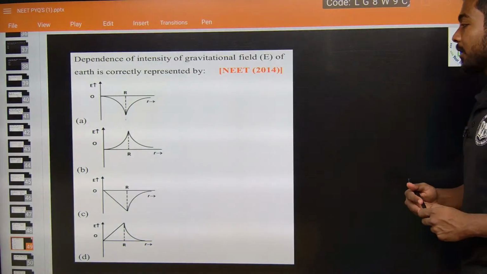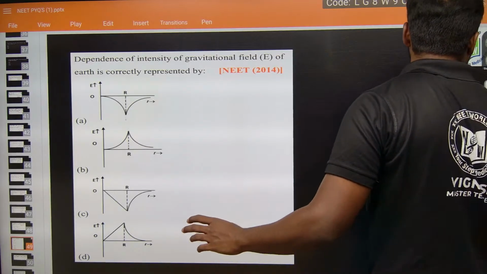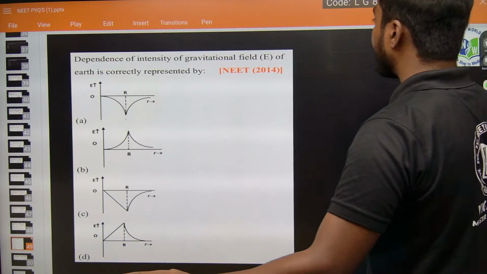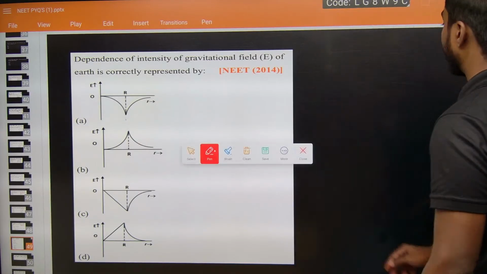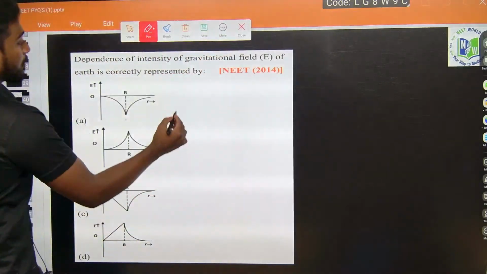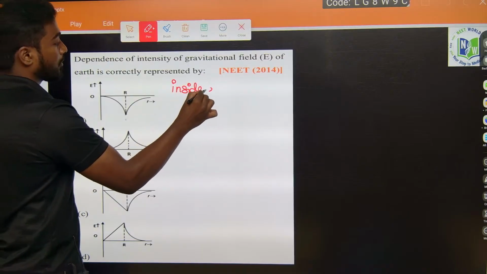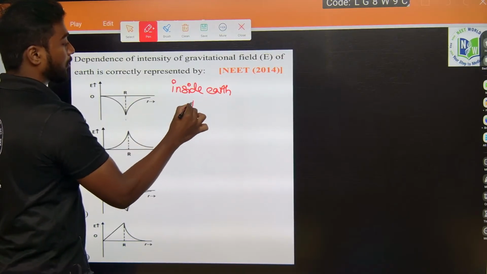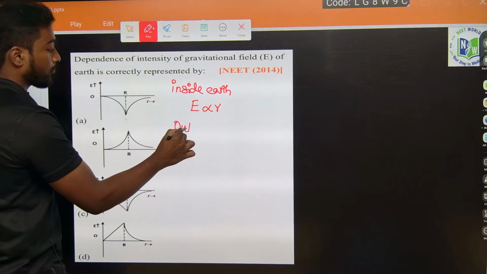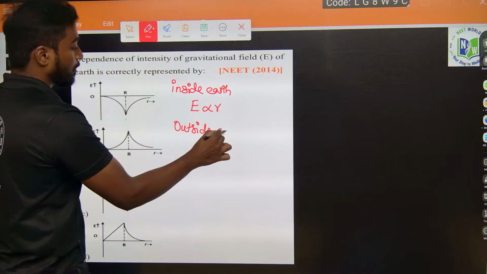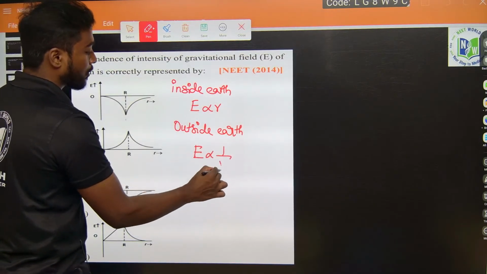So what will be the given answer here? You can say the answer. I'll write it also. Inside Earth, E is directly proportional to R, and outside Earth, E is inversely proportional to R square.